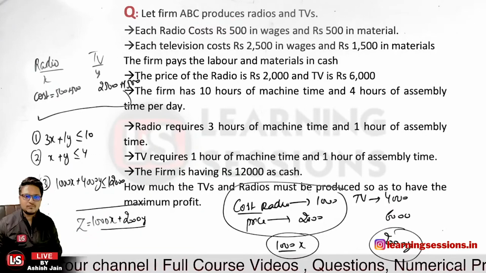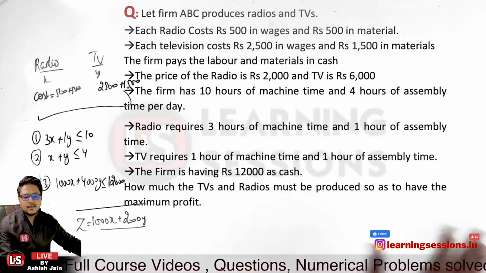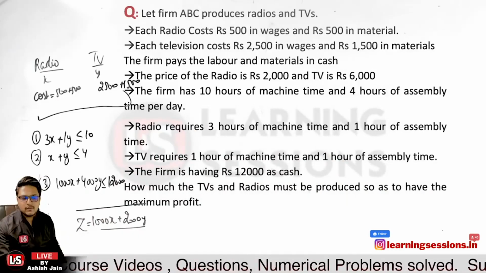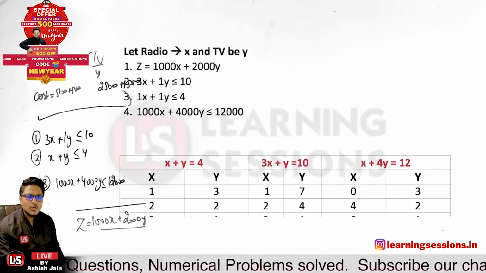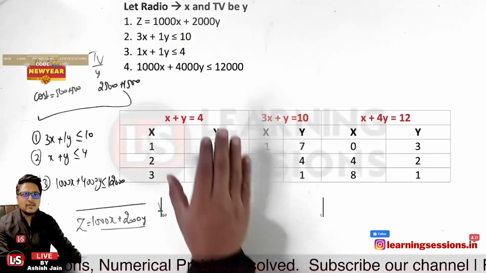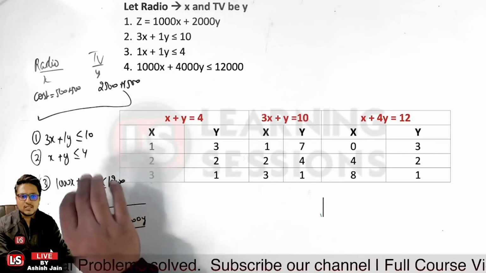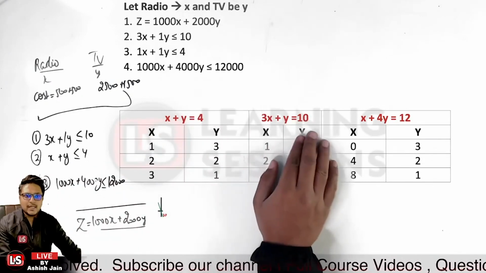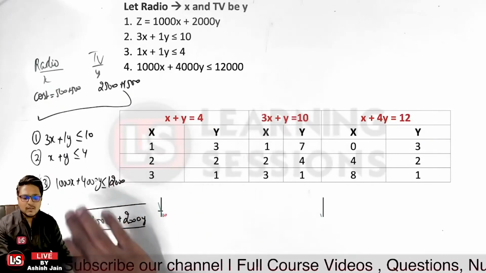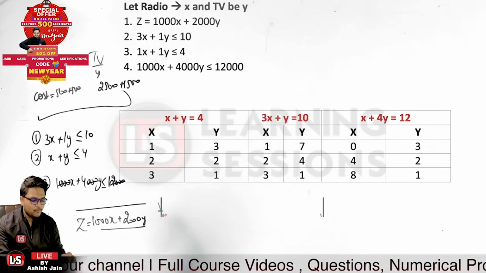Is that clear? In the graphical method, we are having different linear equations and inequalities over here, and further we'll be solving for the values of the different lines. So over here, we are having three equations: x plus y equal to 4, 3x plus y equal to 10, and for the last one, x plus 4y is equal to 12.